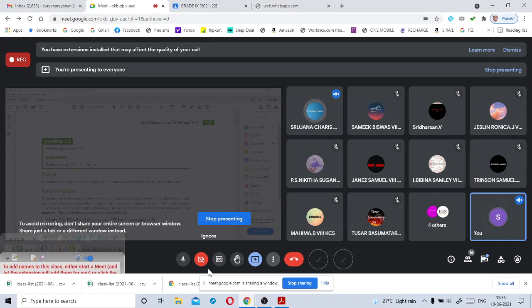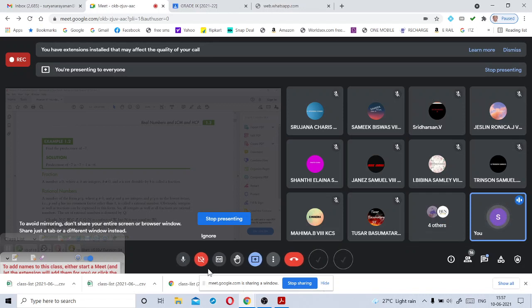Yes. Shanti raised her hand. Can you tell me what is meant by a fraction? Srujana, can you tell me? Do you remember that one? Yes, Shanti. Okay, tell me what is meant by a fraction.